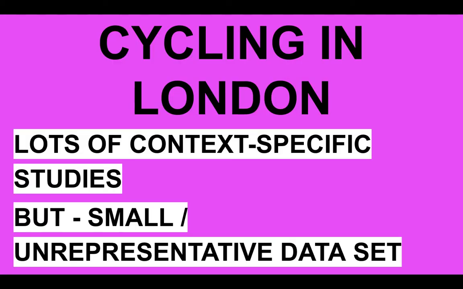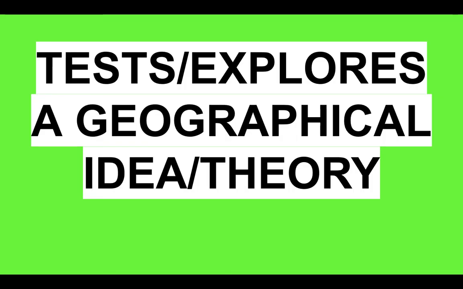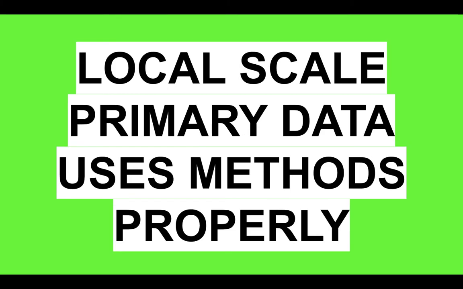So the positives of this study were the opposite to the study before. Lots of context-specific reading, but a small, unrepresentative data set. So, in order to write a good geography extended essay, you will need the following ingredients. You will test and explore a geographical idea or theory.